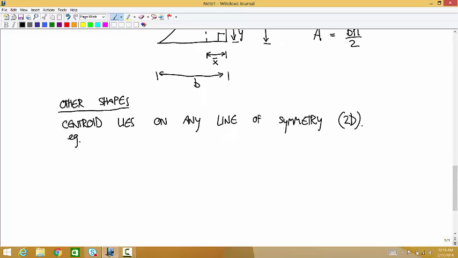For example, if this is your object, you don't know where vertically the centroid lies, but you do know that it lies somewhere along that dotted line because that's a line of symmetry.